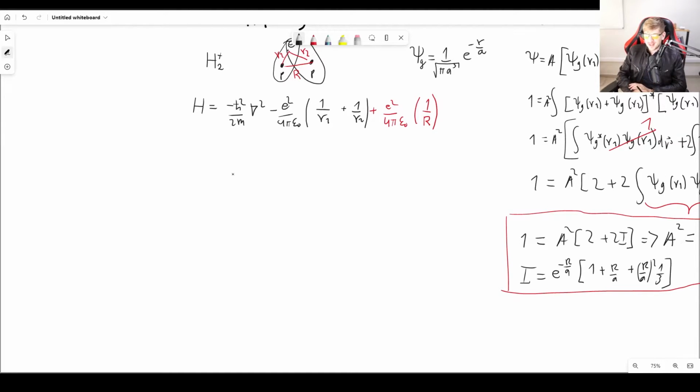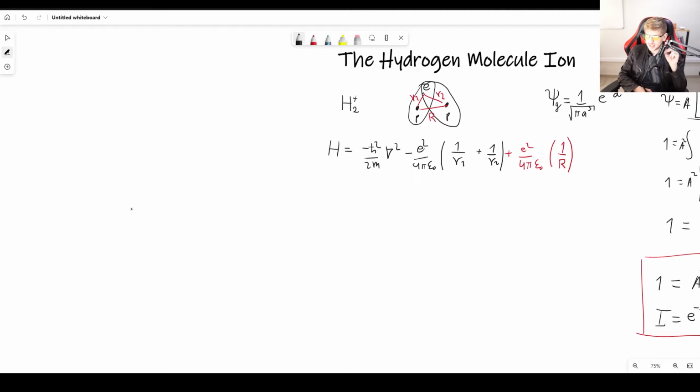So let's go ahead. Now, this Hamiltonian right here is the one that we now need to find the expectation value of. Okay, so now this Hamiltonian, we need to sandwich between our wave functions to actually find the energy that we're looking for. So we want to construct this.